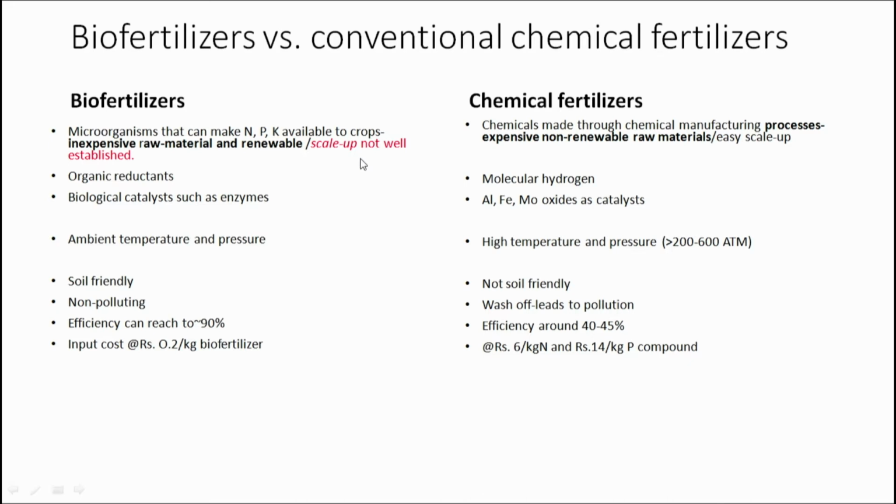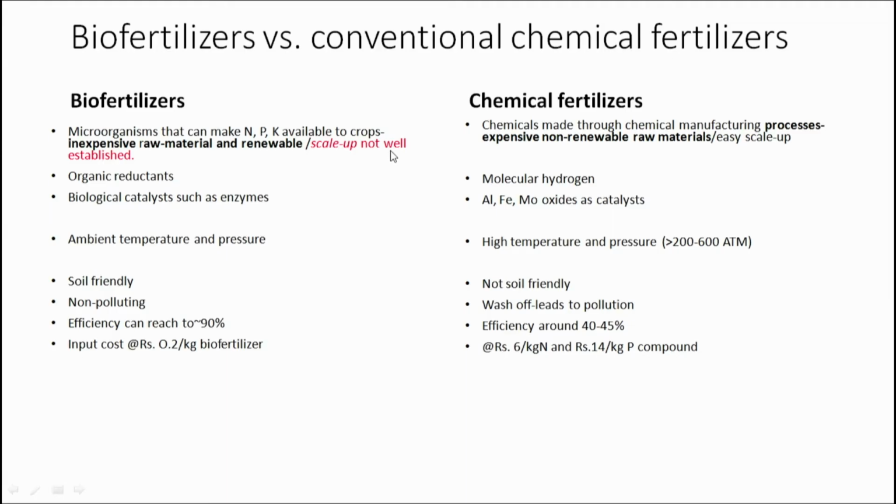However, in order to cultivate these bacteria on a large scale, there are quite a number of challenges. So, you could have oxygen supply in the bioreactor, maintaining sterility, maintaining a desirable pH, maintaining a desirable nutrient concentration in order to carry out these scale up studies. That is why we say that the scale up is still not very well established.